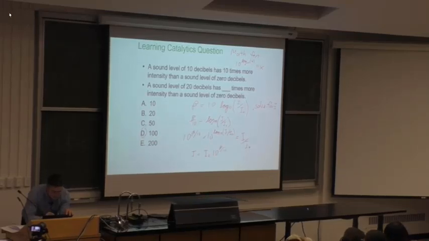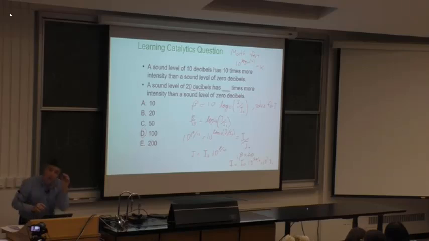In this case, you've been told beta is equal to 20. So when beta equals 20, I is equal to I0 times 10 to the power of 20 divided by 10, or 10 squared times I0. So it's 100 times more.